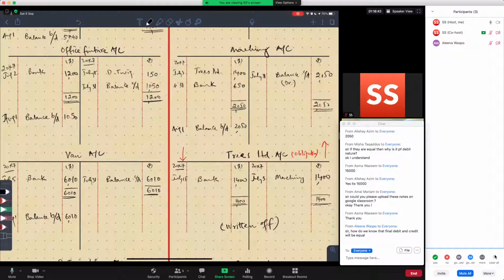Alina: Sir, how do we know that the final debit and credit will be equal? Alina, for every action, there is an equal and opposite reaction. And if we have been recording these actions and reactions correctly, then the outcome of those actions and reactions, which we call balance carried down or balance brought down, जिनको हम कहते हैं, वो actually outcomes of those action and reaction हैं.